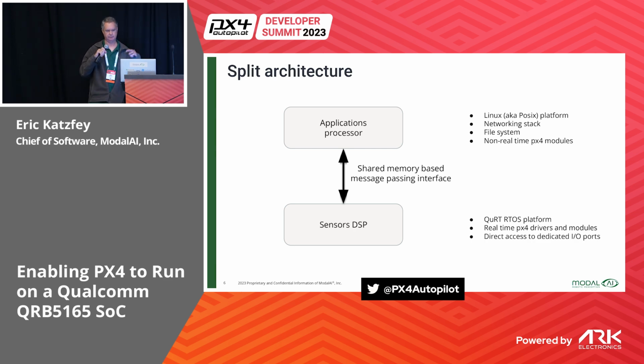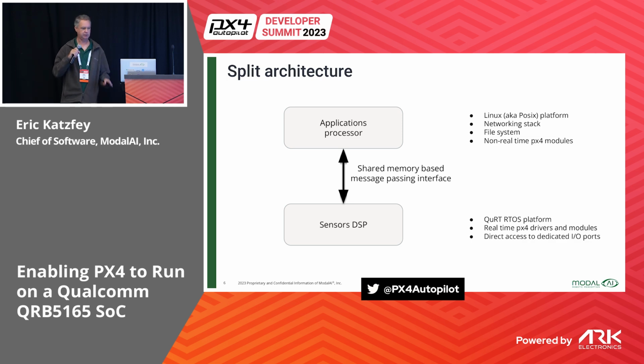If we look at how we decided to split things up, the sensors DSP is where all the flight critical stuff happens. In fact, as it's flying, you can kill the applications processor and the sensors DSP is still running the flight stack. You can still fly the drone and control it.